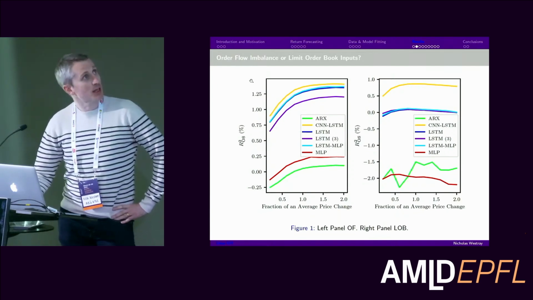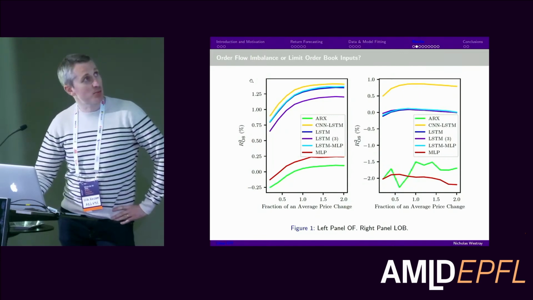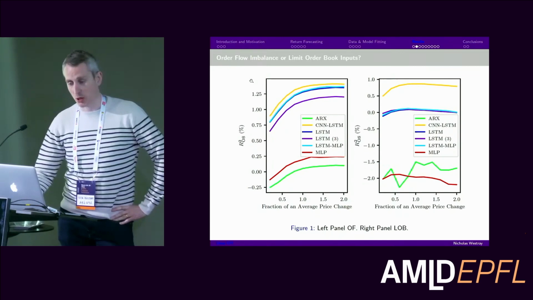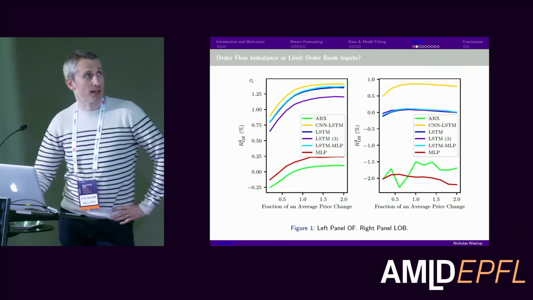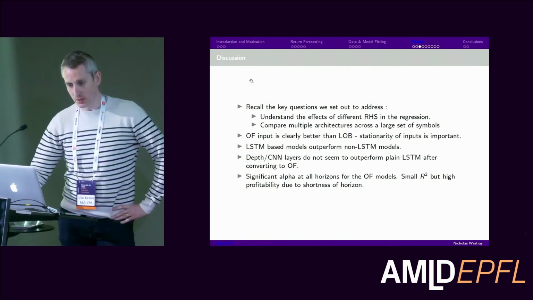If you look on the left-hand side, whether it's a deep LSTM, which is the purple, or a complicated convolutional structure on top of the LSTM, it really doesn't make a ton of difference. Once you put an LSTM model in there, you get most of the gain. So you can get a lot of the gain here from just doing some simple differencing and putting it into some well-known established neural networks. Okay.